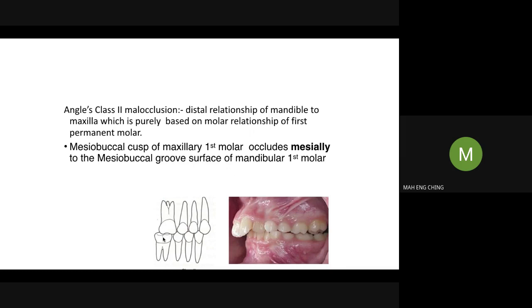So the mesial buccal groove of the lower molar, if this upper mesial buccal cusp occludes anterior or mesially, then consider class 2. So we use the mesial buccal groove as a guide. The mesial buccal cusp should occlude on the mesial buccal groove. This is considered class 1. Slightly forward, consider class 2. Then slightly backward, consider class 3.